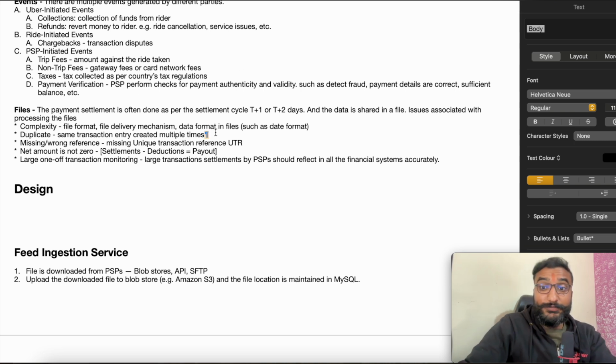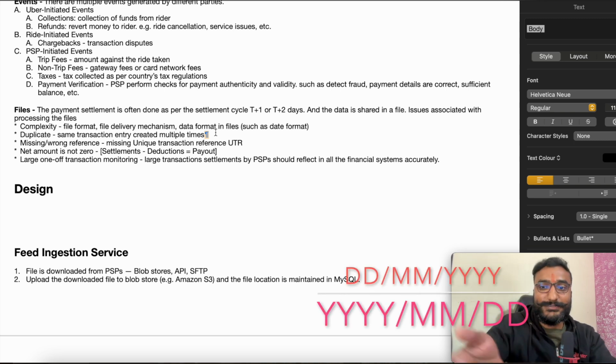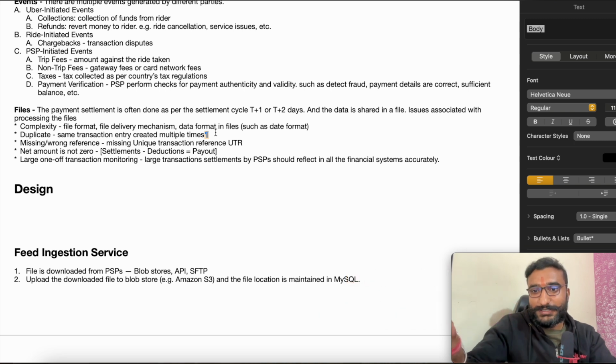Then there is data format in files. Let's say the date format: some use DD, MM, YYYY, but others put the year first, or some use the UTC time zone while some use the IST time zone. You have to figure out all of that when you are consuming those files. Another thing is there can be duplicate entries when you are reconciling these files.